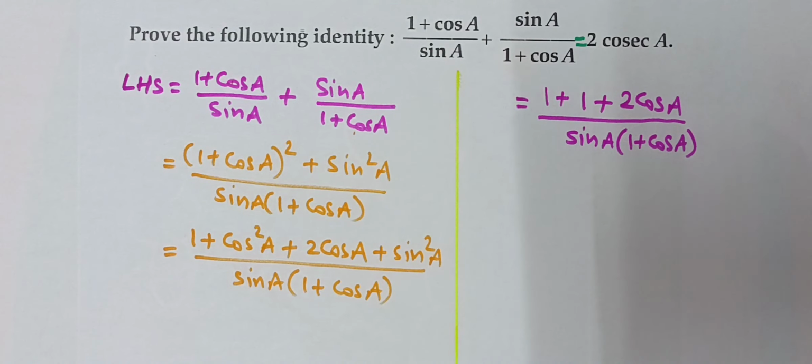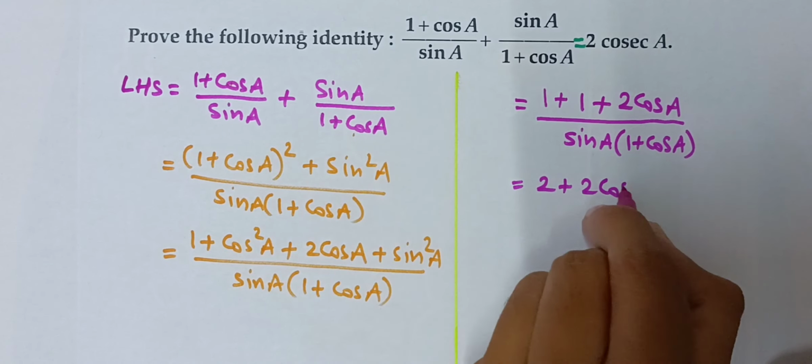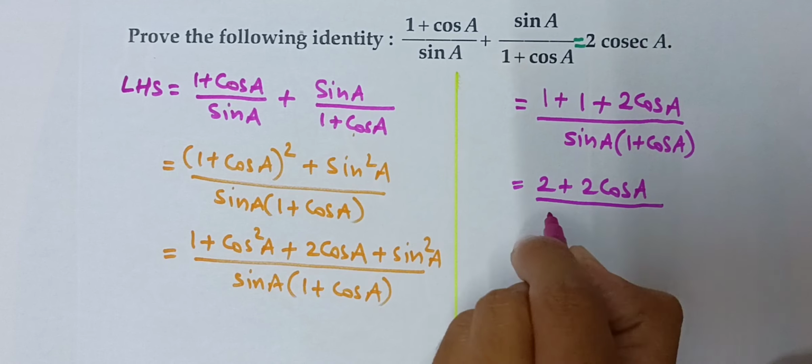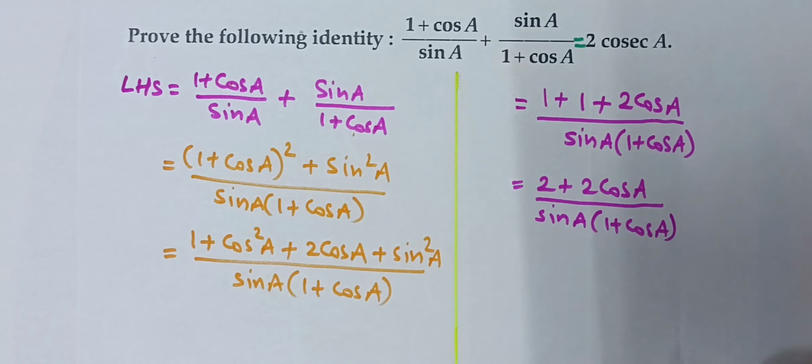Now in the numerator, 1 + 1 is 2. So (2 + 2 cos A)/(sin A (1 + cos A)). 2 + 2 cos A, 4 cos A is not possible. The simple reason is both are unlike terms.